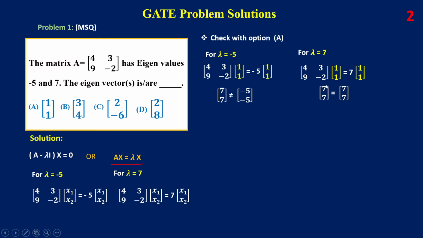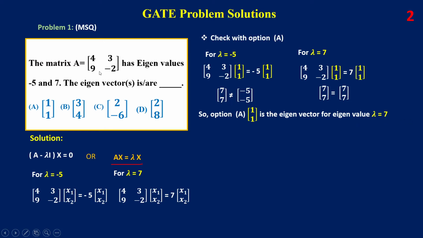So the left hand side and right hand side elements are equal, and the formulation Ax equal to lambda x is satisfied for lambda equal to 7 for the eigenvector 1, 1 given in option A. So option A is correct. Option A is the eigenvector for the eigenvalue lambda equal to 7.